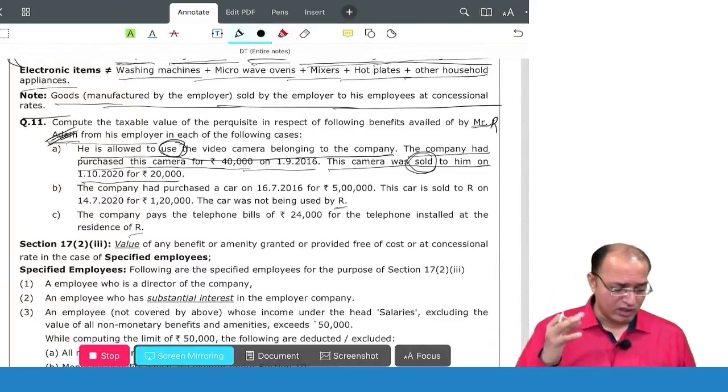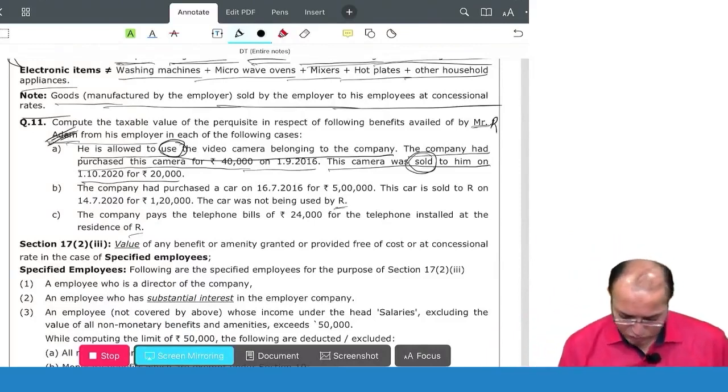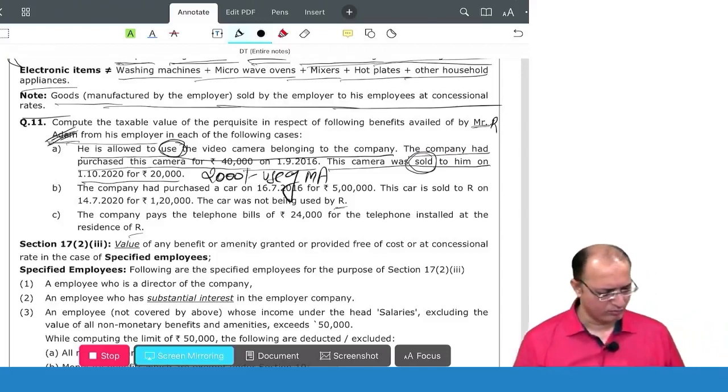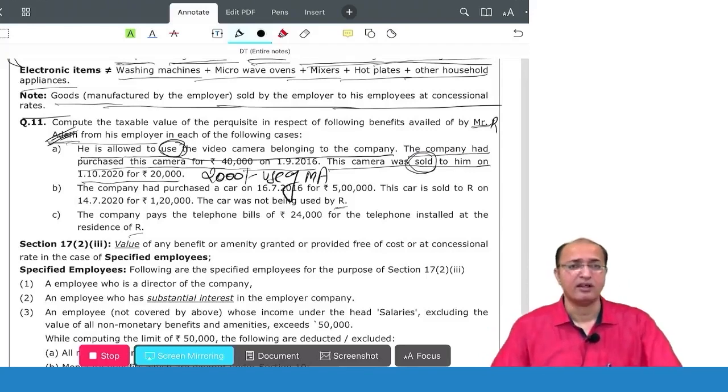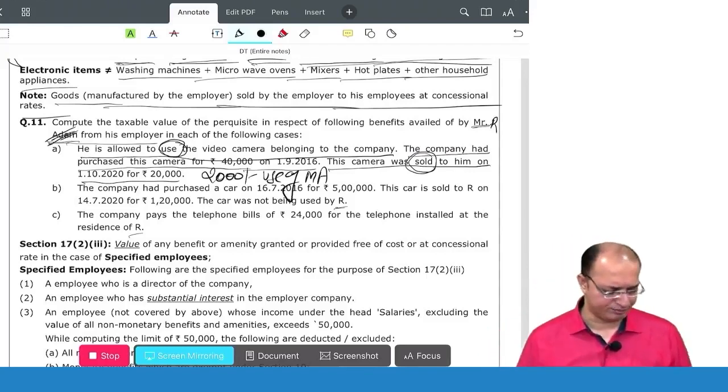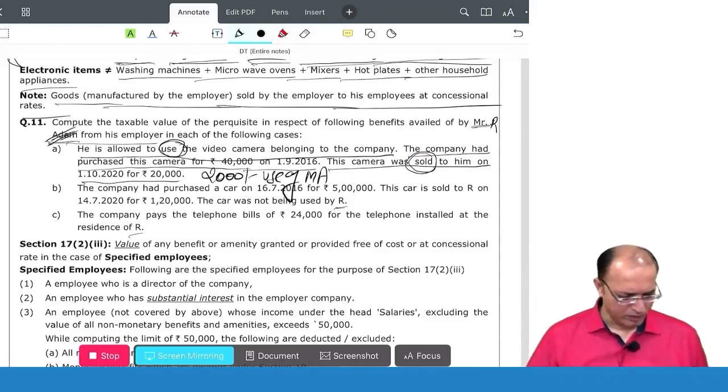So 2,000 is the perquisite value for use of movable asset. Have you understood this much? Yes or no? Perquisite value for use of movable asset?